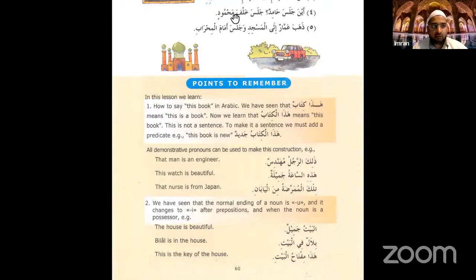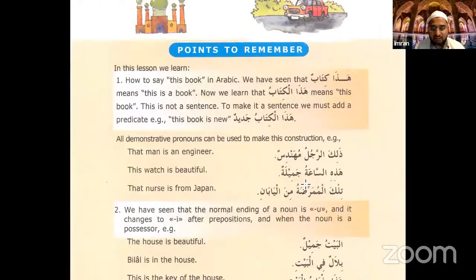Right. Now, you will see here, first of all, we did in the previous lesson dhalika rajulun. When we say dhalika rajulun, we translate that is a man. Hadhi sa'atun, without alif lam, this is a watch. But now you'll find in these examples, the word after hadha and dhalika comes with alif lam.